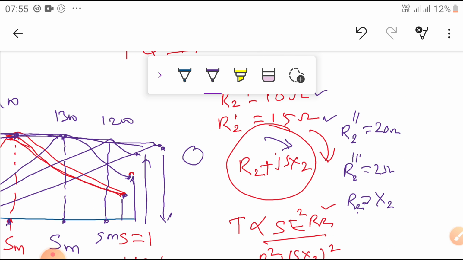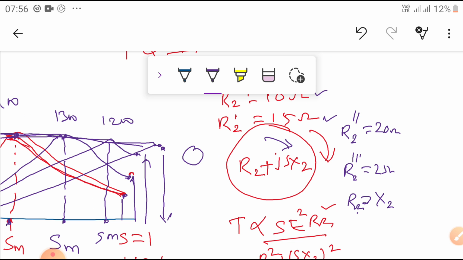Whether you add more resistance or not, the magnitude is the same, but the point at which it occurs changes, that means the speed and the slip change. You can see when no external resistance is added, Sm is equal to R2 by X2.